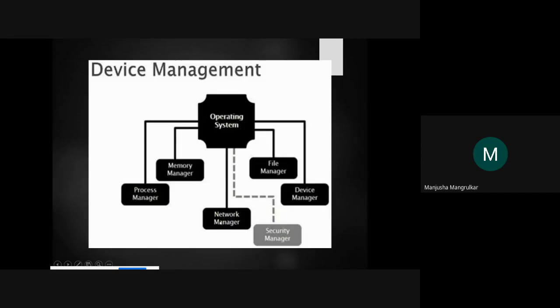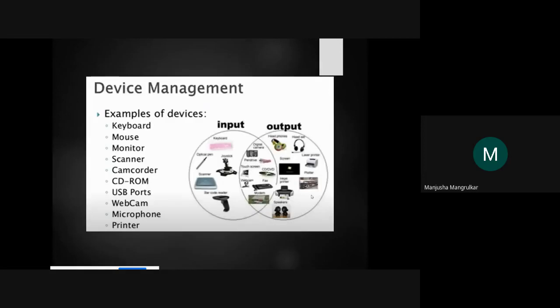Network means the internal network of all the bus architectures. Which buses are free, which bus is allocated to which systems, and the data flowing, everything is managed by the network manager. File manager, device manager, and security manager. These six roles are very, very important for the operating system, right? So one of the roles is the device manager, which we are going to see.